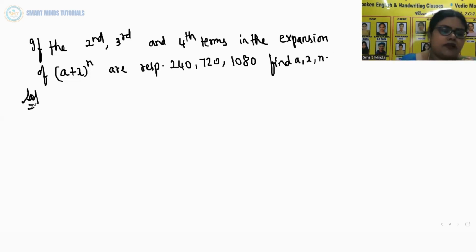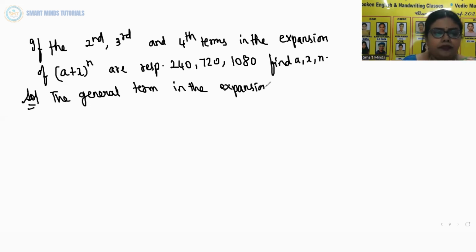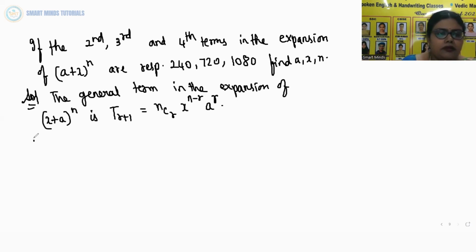So now you see, first we will write the general term. So what is the general term? The general term in the expansion of (x + a)^n is T(r+1) = nCr x^(n-r) a^r.